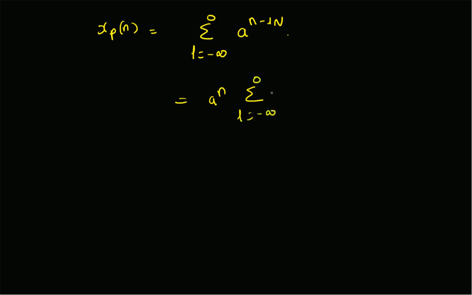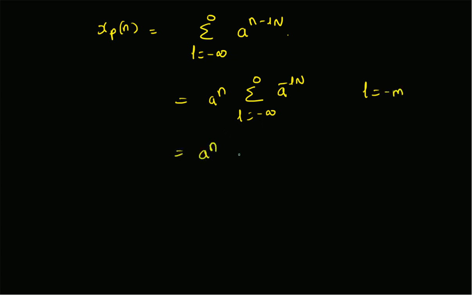So based on this logic, xp of n is equal to summation L equal to minus infinity to 0 of a power n minus L N. So a power n is basically an independent component, so we bring it outside. So we have summation L equal to minus infinity to 0 of a power minus L N. Now we replace L with minus m, so the limits will be 0 to infinity.